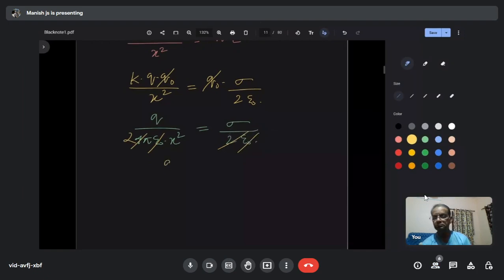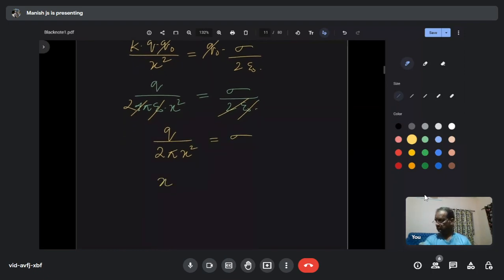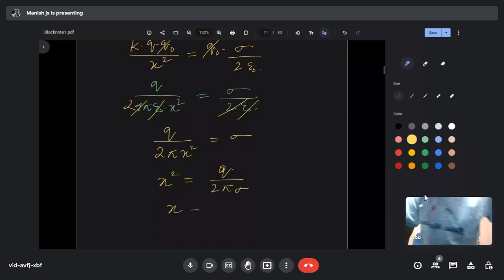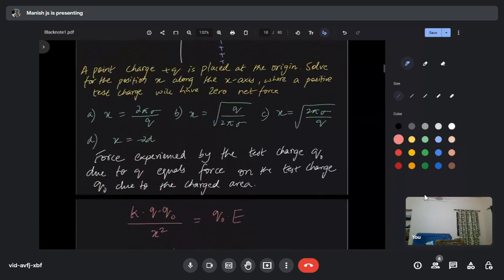So finally you get q divided by 2 pi x square equal to sigma. Then rearrange for x. First x square is equal to q upon 2 pi sigma, and x equals square root of q upon 2 pi sigma. That's it. This is the value of x, so that is the reason the answer is option B.